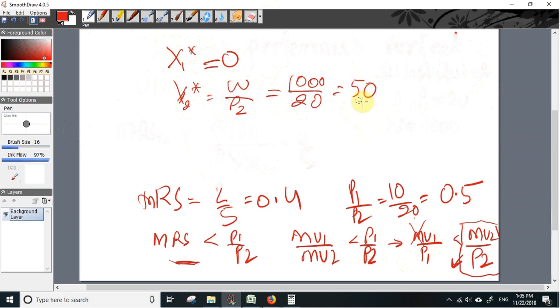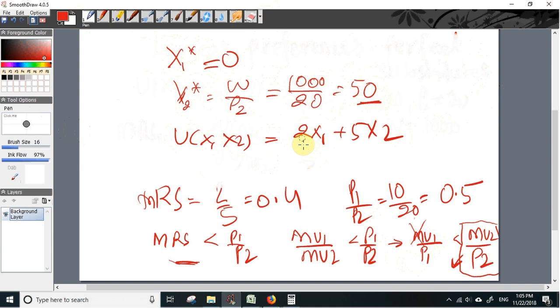So to see this intuitively, we just analyze the utility function. The utility function is 2x1 plus 5x2.